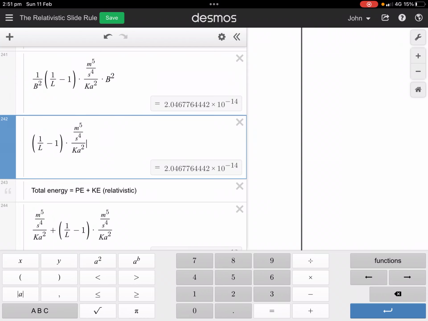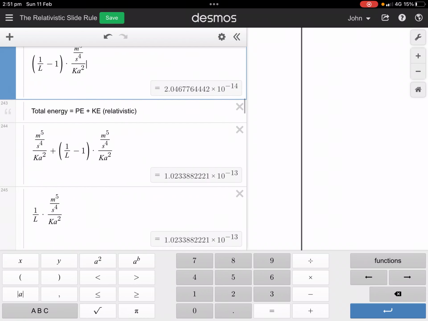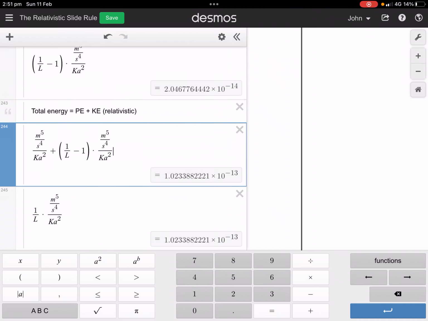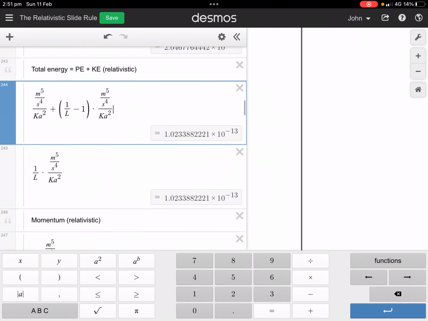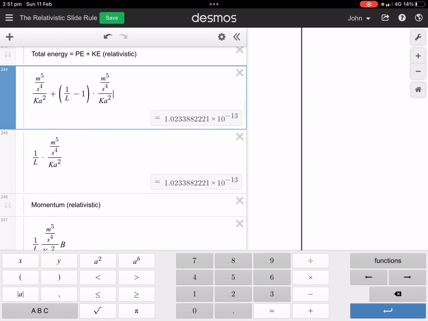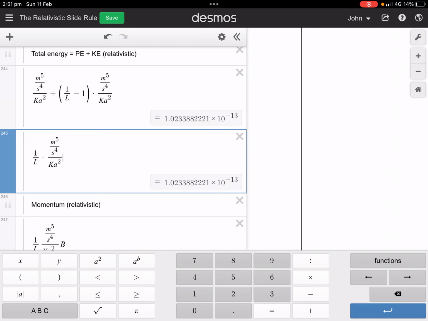This is how it's normally done, and then the total energy would be potential energy plus kinetic energy, and then we would normally call that joules, although it's really force, newtons, on the relativistic slide rule as a dimensional analysis anyway. And normally that just gets simplified, so gamma times the rest energy.